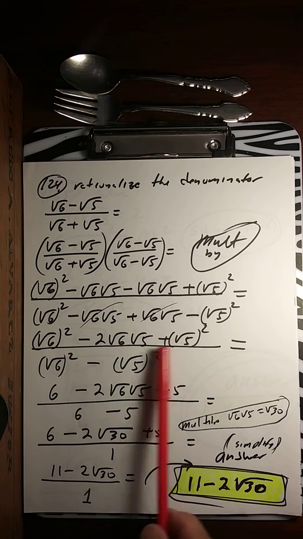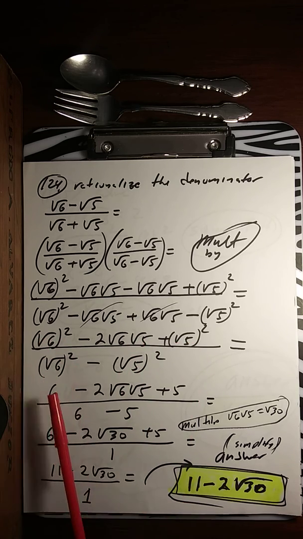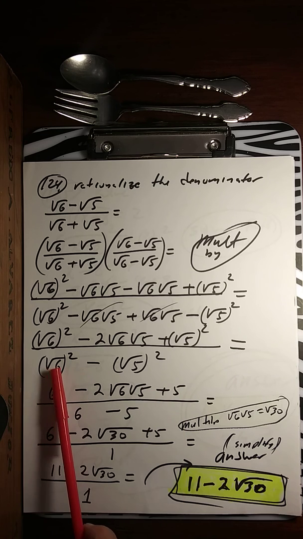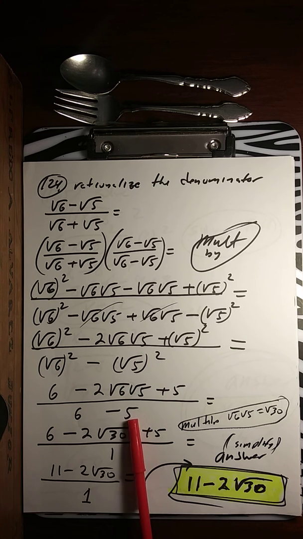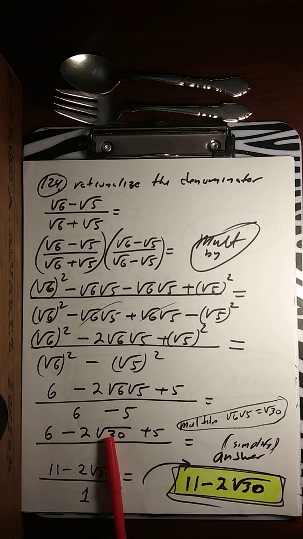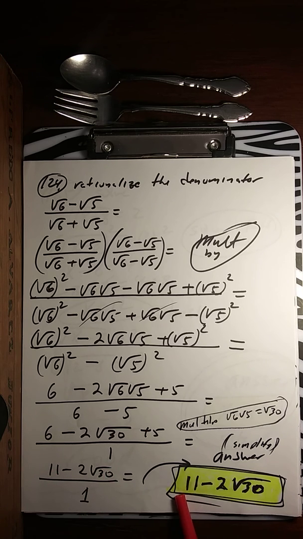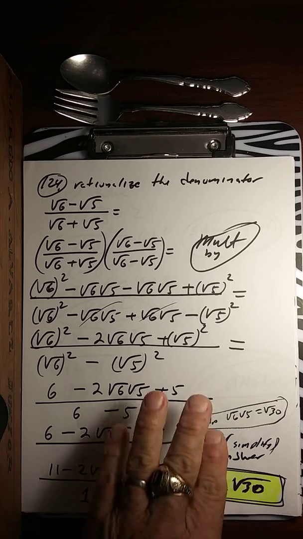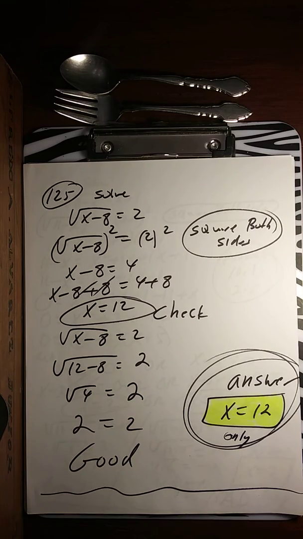And this one squared, and that one squared. This one squared is 6, that one squared is 5, this one squared is 6, this one squared is 5. So that times that is 30. So we have 6 minus 2 square root of 30 plus 5. These together is 11 minus 2 square root of 30 over 1. So now 1 divides this, 1 divides this. Yep, you got 11 minus 2 square root of 30.